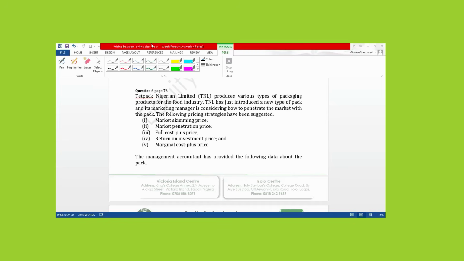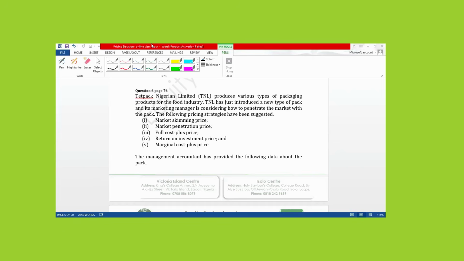Although your line is breaking, I overheard that you said we are going to pick the variable cost of the product. Marginal cost plus is a pricing method whereby we consider only the variable cost.